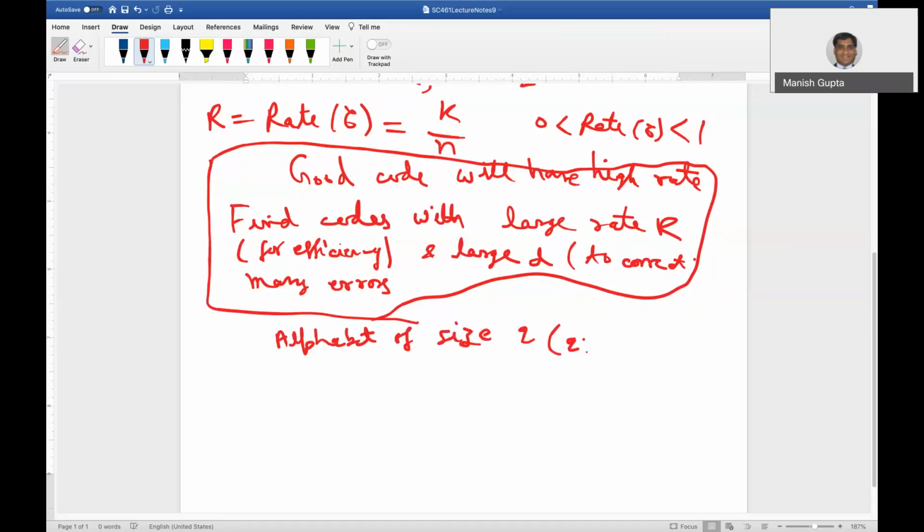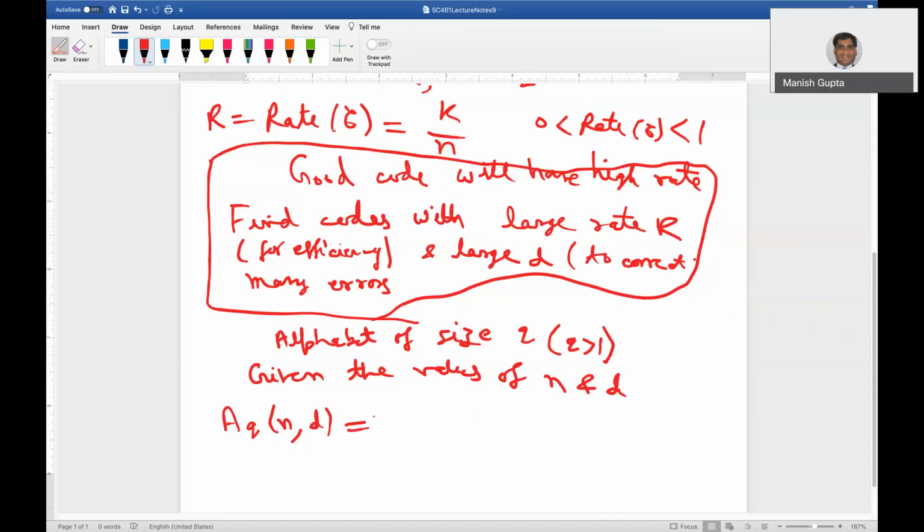Q is greater than 1, and we are given the values of n and d. n and d are given to us. We can define what is known as A_q(n,d). This function A_q(n,d).